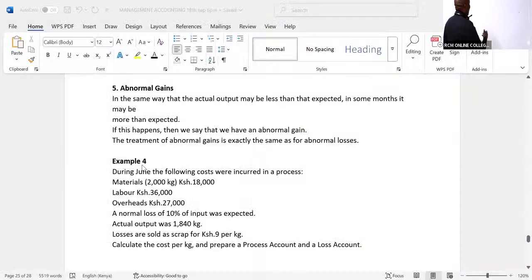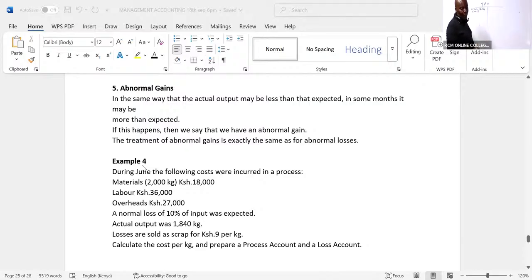So we have here a throughput account. The throughput account, yeah, it's a material movement account. So I can see input in the form of materials. The input there is 2000 kgs.